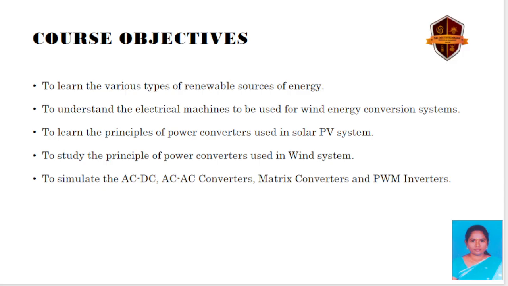And fourth, we will learn the power converters used in wind energy systems. Finally, we will perform simulations related to solar PV systems, fuel cells, wind generators, and grid integration of renewable energy sources. These objectives tell us what knowledge and skills you will gain by the end of this course.